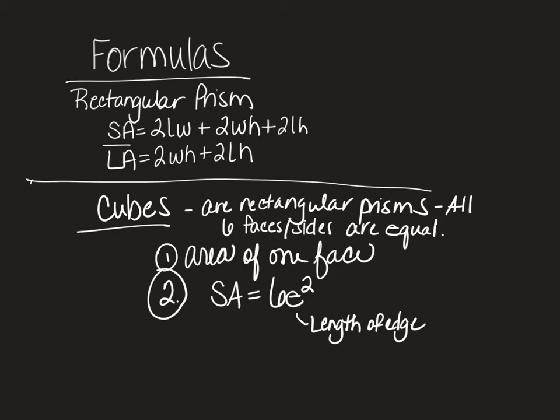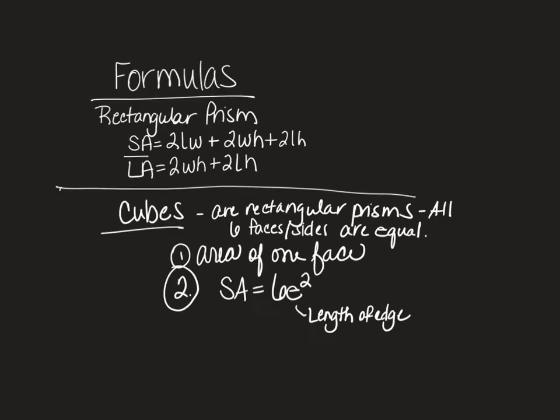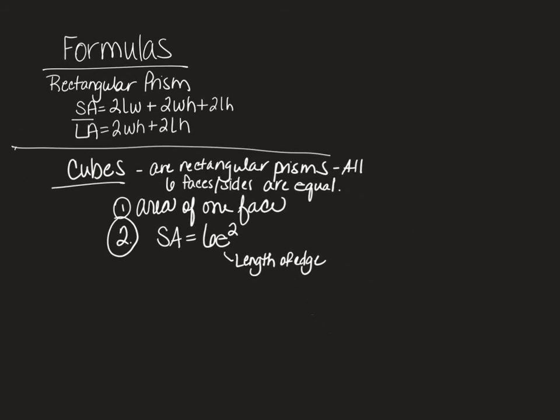So let's move on here and go ahead and talk about the lateral area for a cube. Okay, so this is the SA. Now we're going to talk about the lateral area of a cube. I'm just going to put little dotted lines there that kind of separates that.